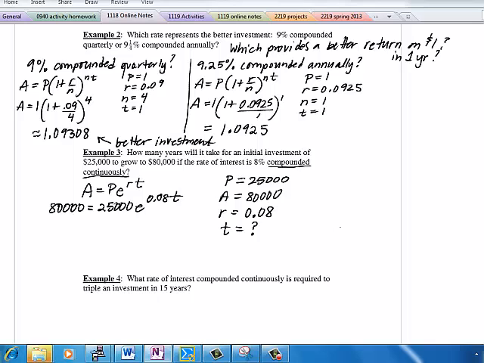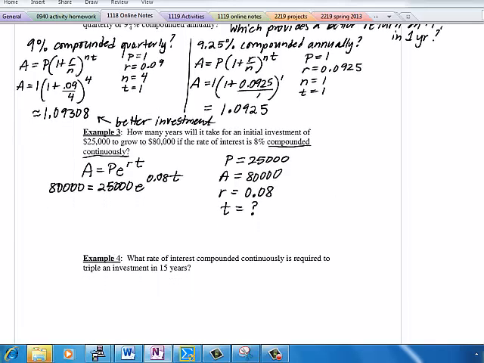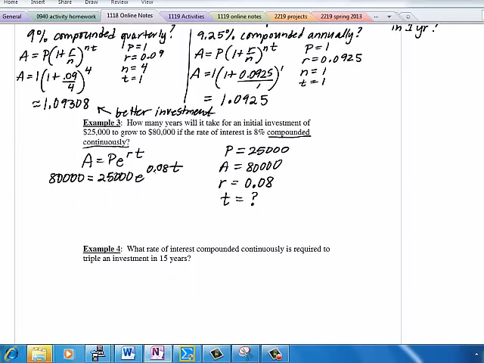So we have an exponential equation that we're trying to solve, and that's exactly what we did in the previous section. We know we first need to try to isolate the exponential expression. So we want to get the base and the exponent alone, which means we need to get this 25,000 out of the way. And the way to do that is to divide by it. So we'll divide both sides by 25,000.